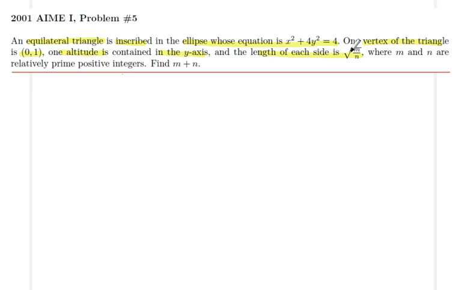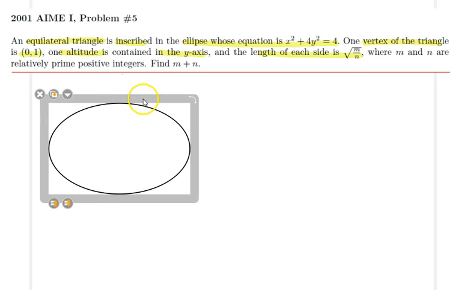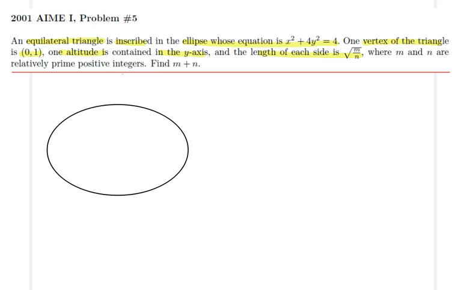So I will go ahead and first draw the ellipse like this, and now I can just mark my x and y axes like this. This is my x-axis here, the y-axis.